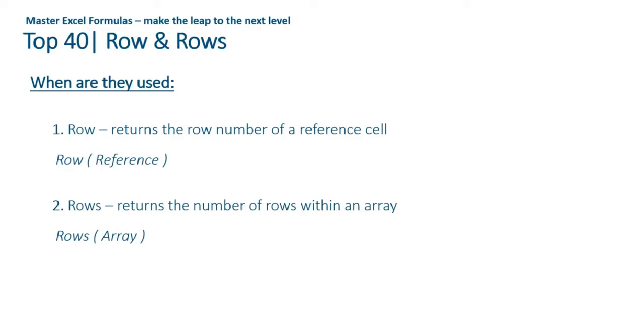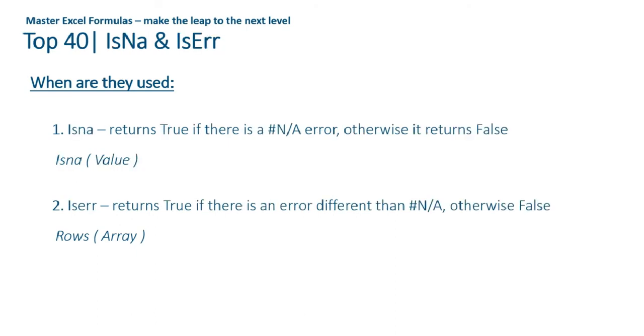Okay, so going back to the presentation now, I want to show you a few formulas that identify errors, and based on what error is identified, they return true or false. ISNA is a formula that returns true if there is an NA error in Excel, otherwise it returns false.